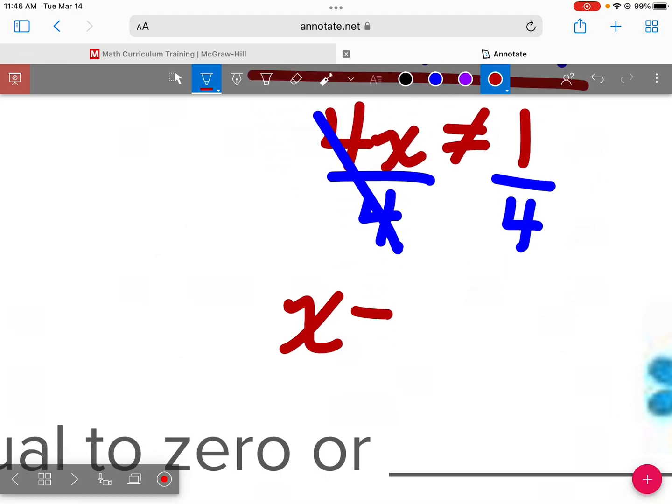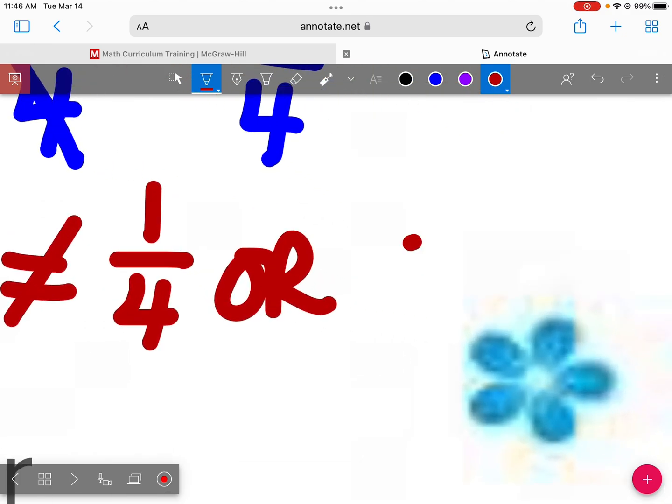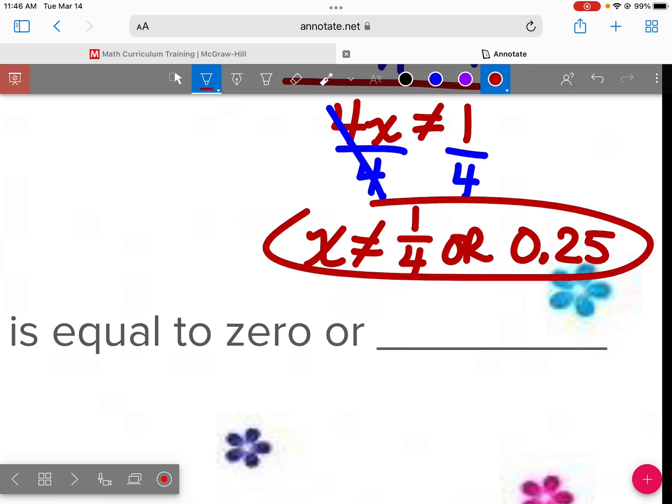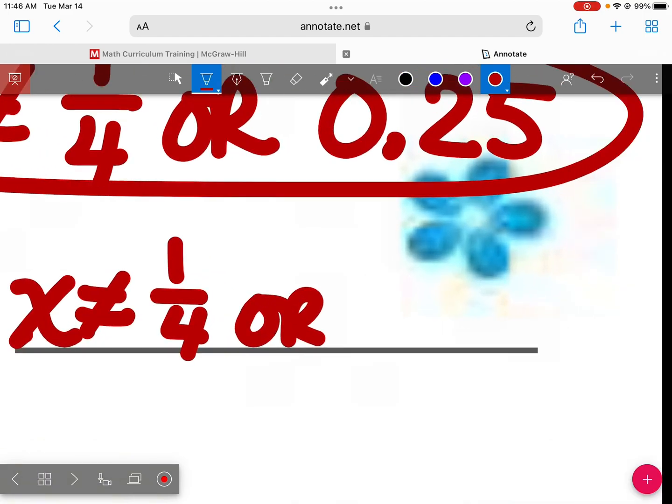So x is not allowed to be 1/4. Or what would that be as a decimal? 0.25. I would accept either one of those. X cannot be equal to 1/4, or x cannot be equal to 0.25.